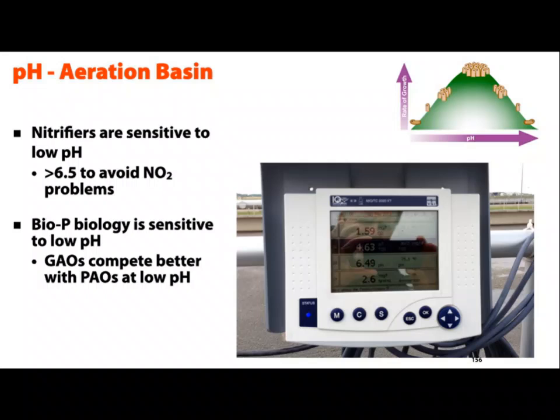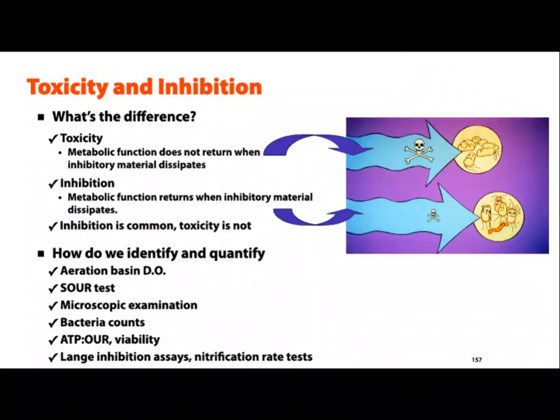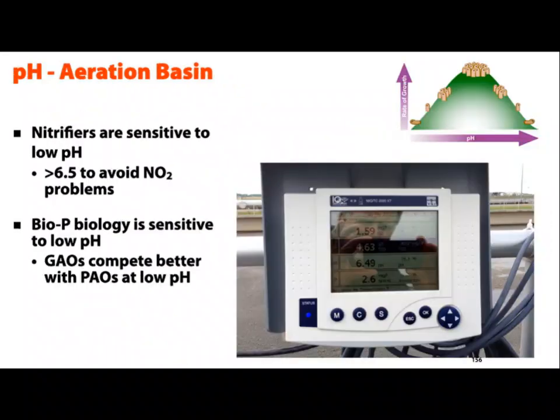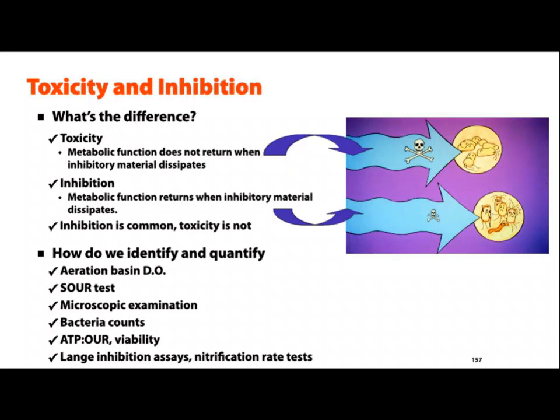We go down to 5, it's just a little bit lower than 7, but it's 100 times more acidic. It's 10 times 10, right? So there's a biological tolerance that we have to take into account, and we'll have more to say about that as we go.